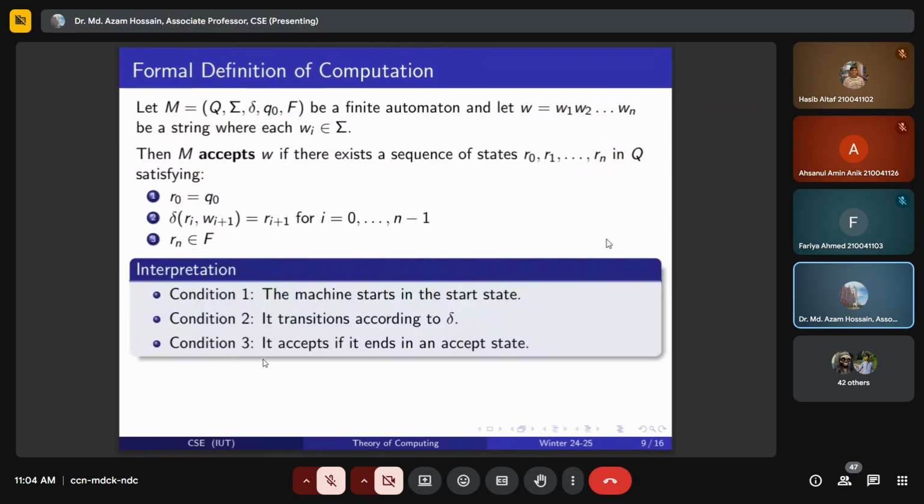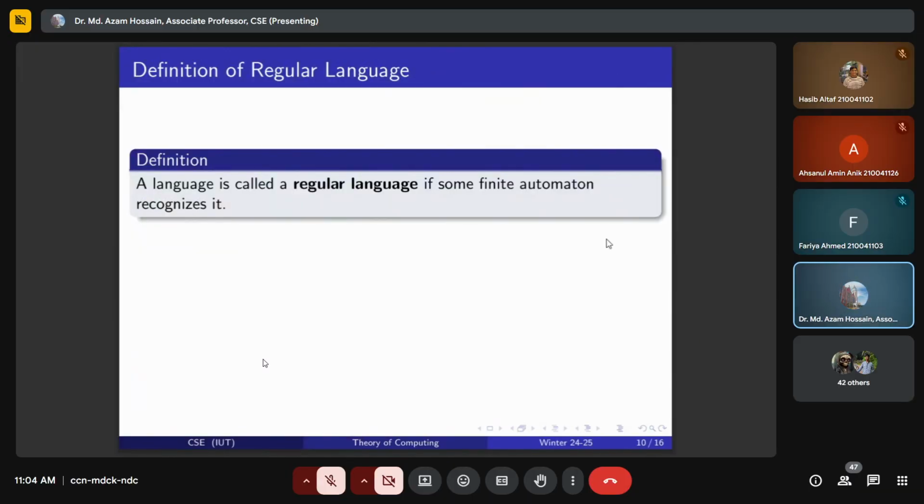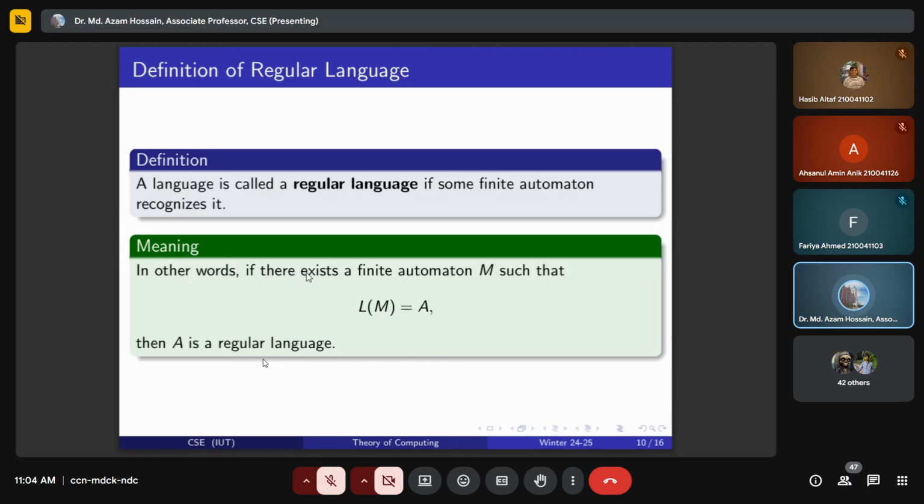All right, so let's move on. Is it clear? So now we are going to, I think we started this one. A language is called a regular language if some finite automaton recognizes it, right? I think I also covered this definition last class. So in other words, if there exists a finite automaton, if there is a machine for that language A, suppose I define your language A, and that machine accepts this A, then A is called a regular language.